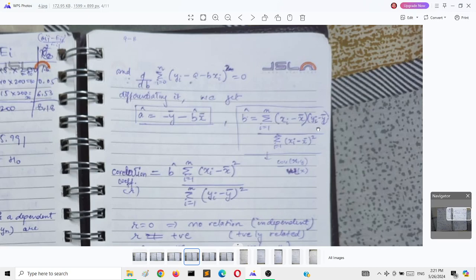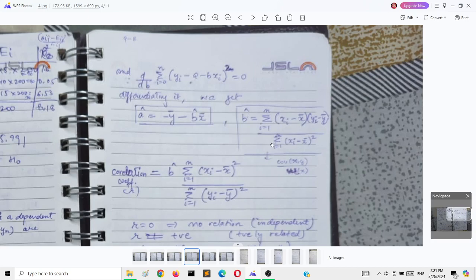This is divided by the sum of the squares of xi minus x bar. In the numerator we have xi minus x bar multiplied by yi minus y bar, summed over all. In the denominator we have xi minus x bar whole squared, summed over all. So this is nothing other than the covariance of x and y divided by the variance of x, because this is the variance term.